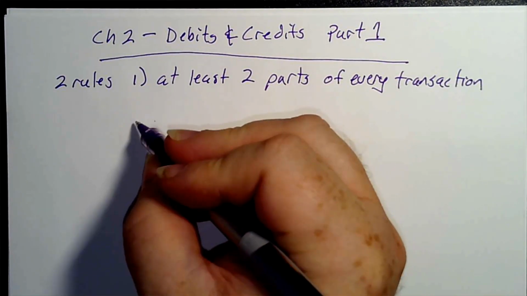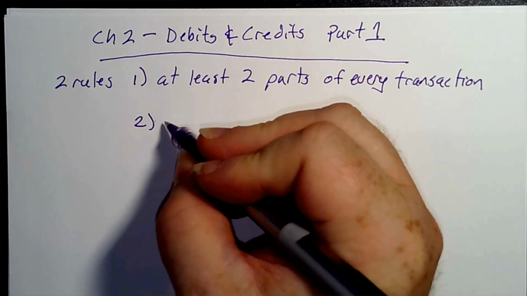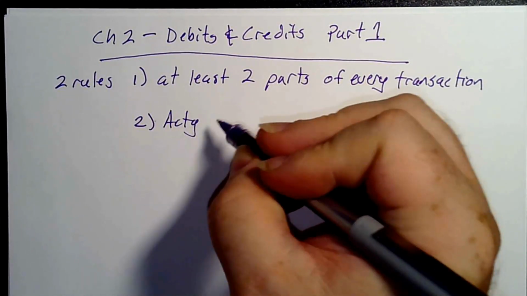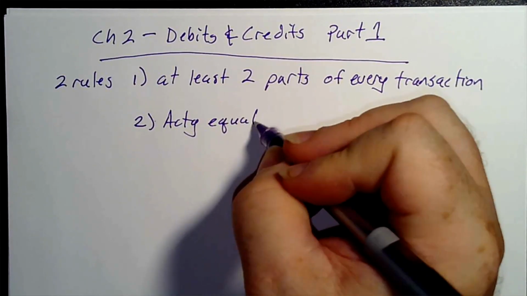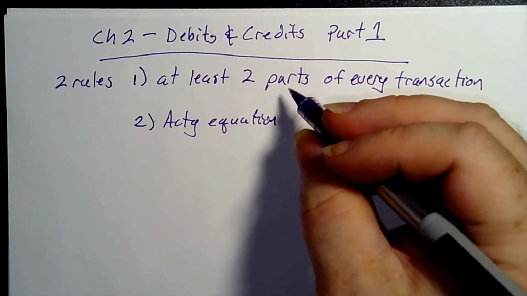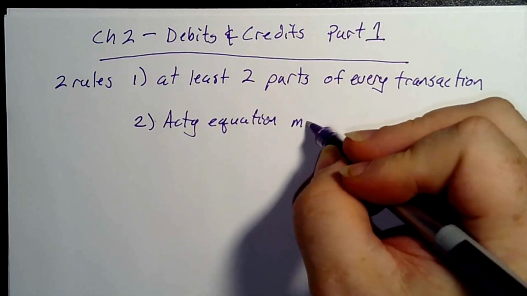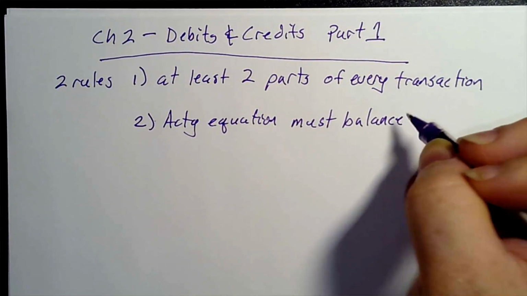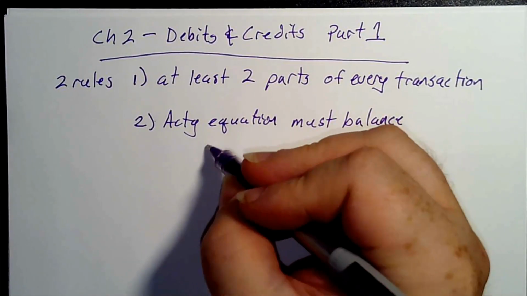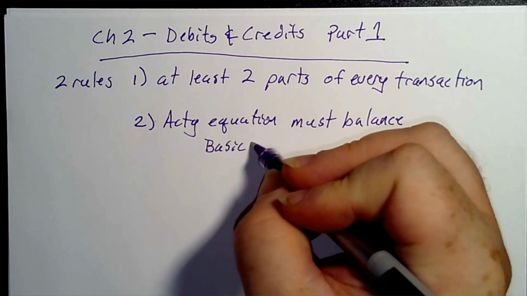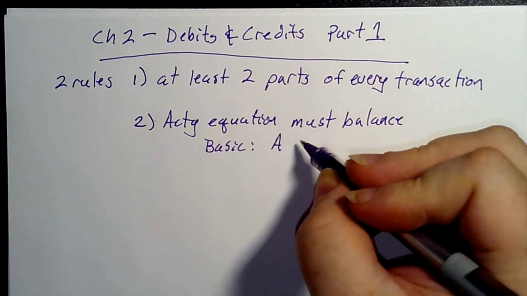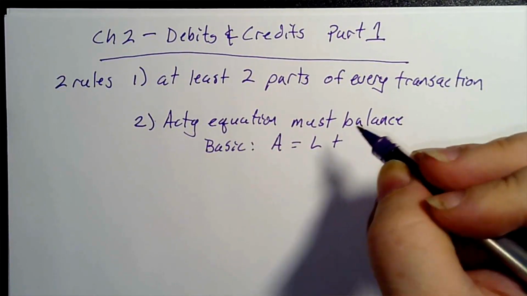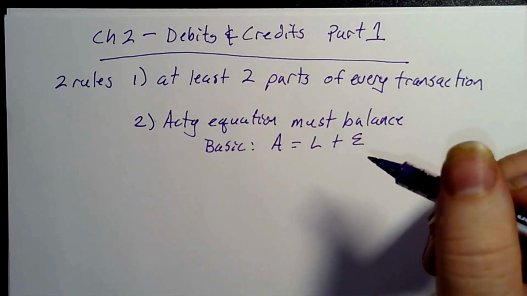Number 2, we are going to rely upon the accounting equation to make sure that we have entered it correctly. The accounting equation must balance afterwards. And just to remind ourselves, the basic accounting equation that we're going to use for this segment is assets equals liabilities plus equity, or owner's equity.